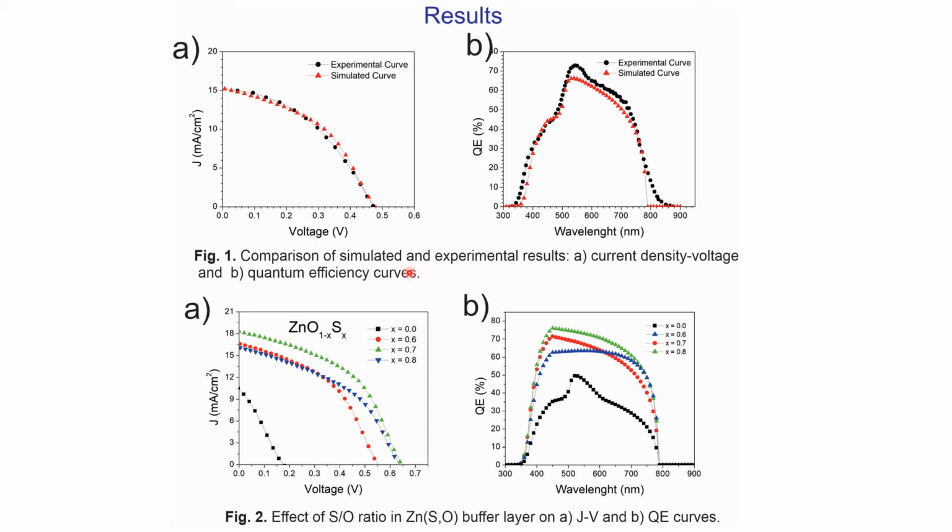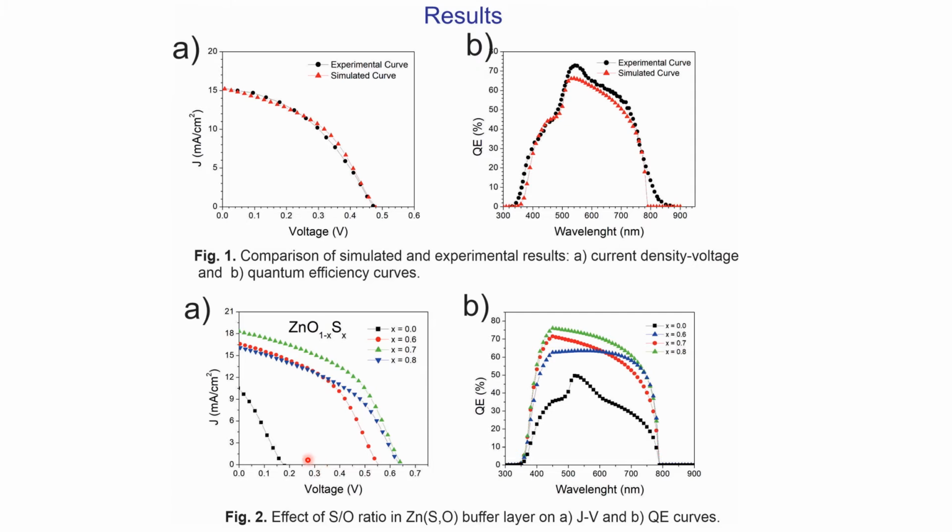So in both cases, we can observe a good matching between simulation results and measurements. And this is largely due to the defect model that we consider for bulk materials and the defects at the interfaces between copper antimony sulfide and cadmium sulfide. Therefore, this matching validates our simulation model, and now we can propose modifications to the solar cell and get realistic predictions.